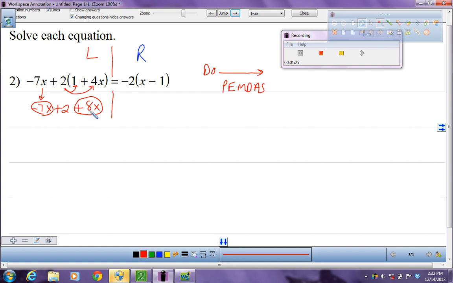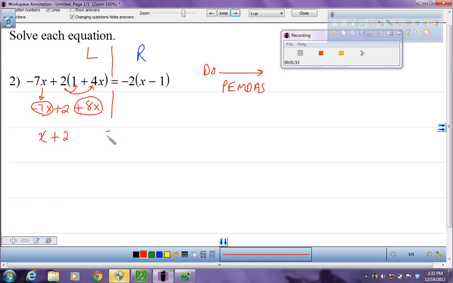So the 7 and the 8 are both x terms. Negative 7 and positive 8 becomes positive 1 of that x term. And then I bring this guy down, so I end up with x plus 2. 7 negatives and 8 positives gives you 1 positive. And then you bring down the 2.